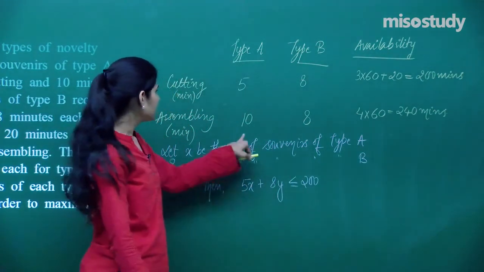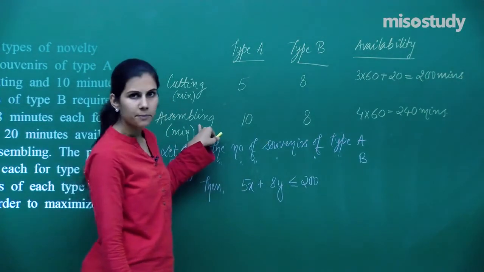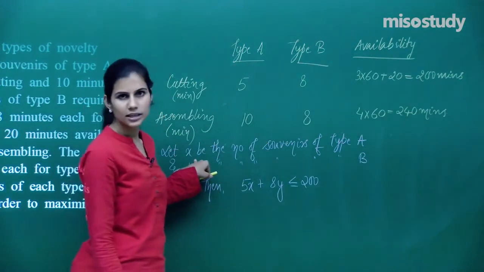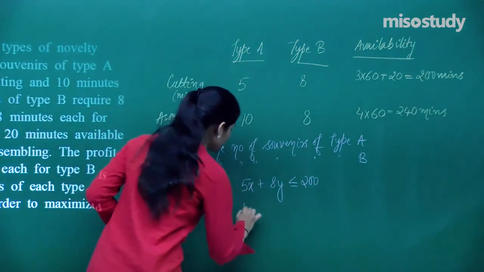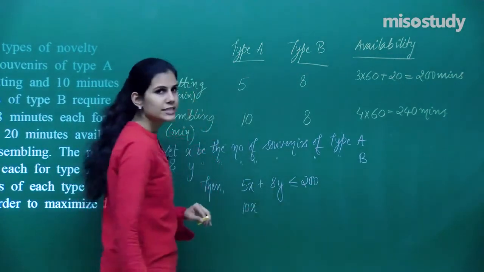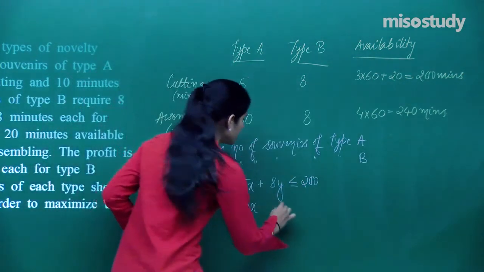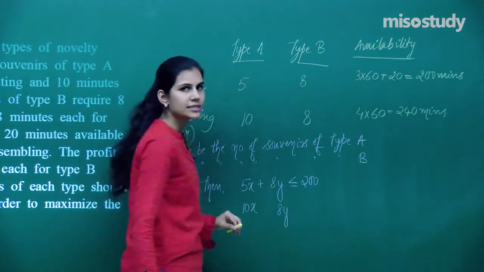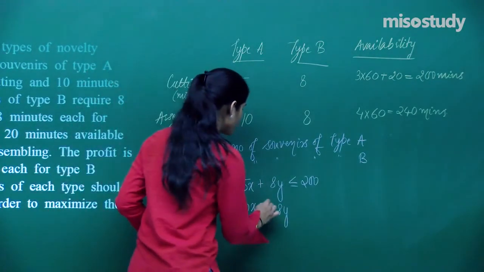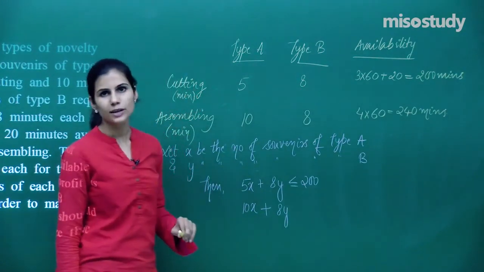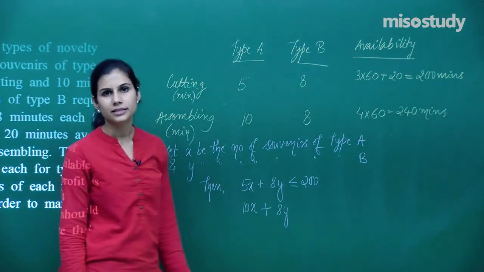This is my first constraint. Second constraint, a souvenir of type A requires 10 minutes in assembling. So if I am manufacturing X souvenirs of type A, then 10 into X is the minutes spent in assembling them. And similarly 8 into Y is the minutes spent in assembling the Y souvenirs of type B. So in total I am investing 10x plus 8y minutes in assembling them.